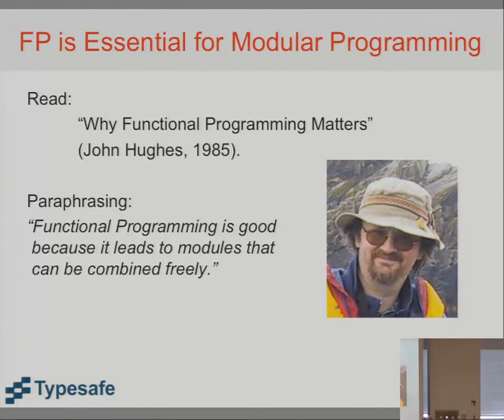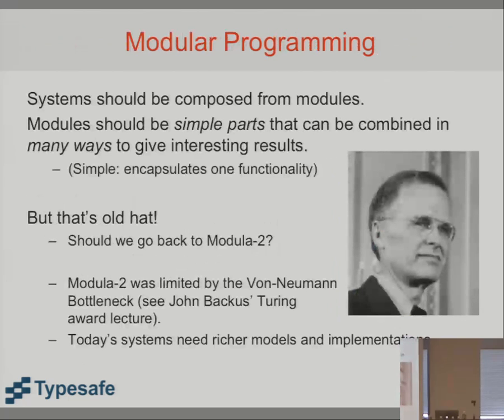So another very important paper, well, I should go back, I haven't said that. This guy here, that's John Backus, and he's very interesting, or he was, he's deceased. John Backus was the inventor of Fortran, which was the first high-level language, very much a von Neumann language, an imperative procedural language.